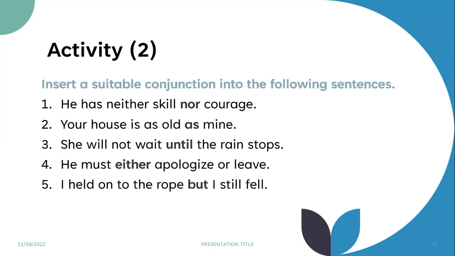And so we have, he has neither skill nor courage. Your house is as old as mine. She will not wait until the rain stops. He must either apologize or leave. I held onto the rope, but still fell. Right? So these would be the conjunctions that you would add in your sentences.